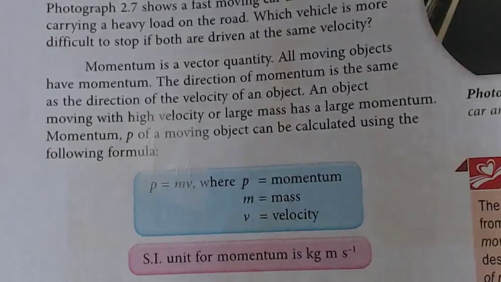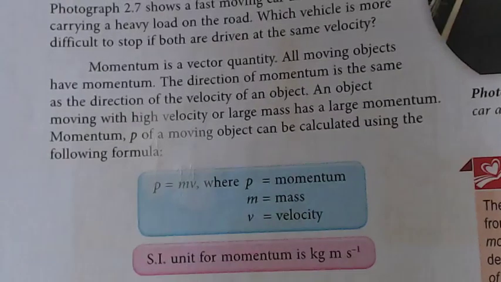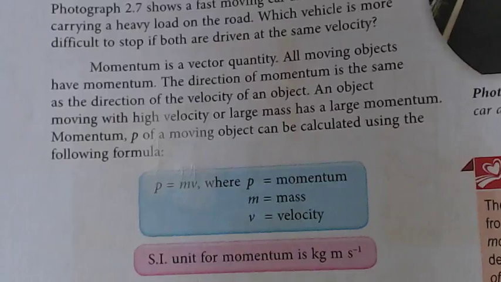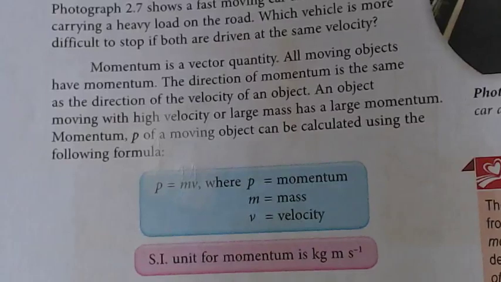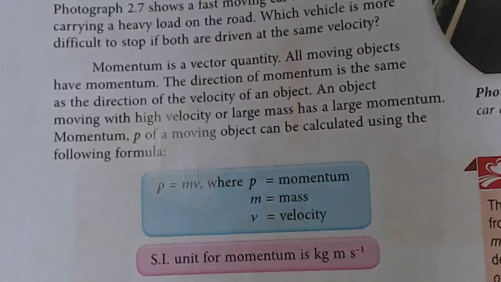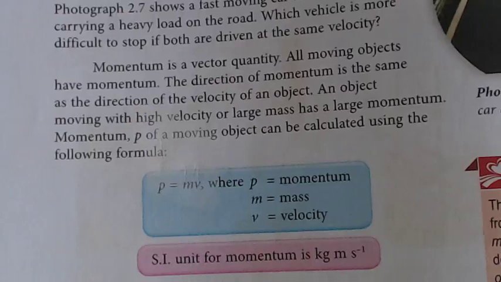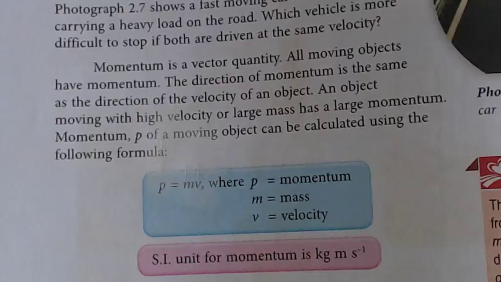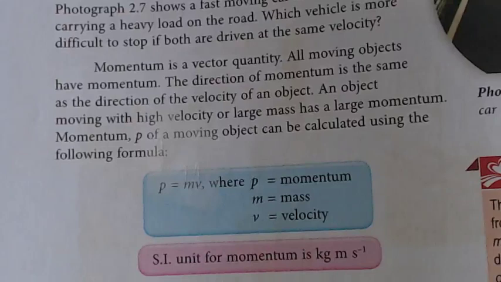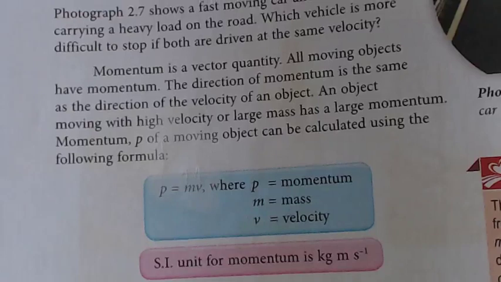They are almost the same, but the only difference is that inertia only talks about a motion at rest and at uniform velocity, and mass too.